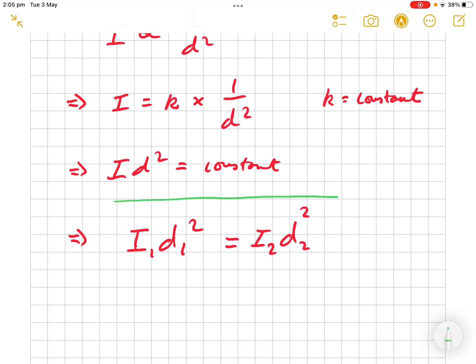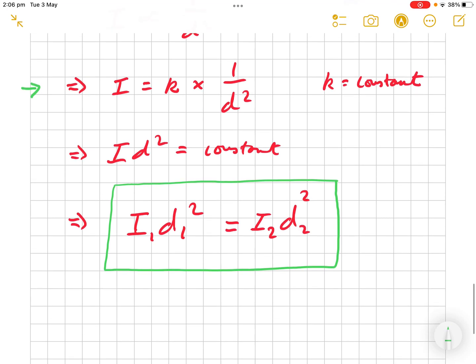So that's the equation we tend to use. This equation here is the one that you'll find on the equation list, but in solving problems, I would use the I1 d1 squared is equal to I2 d2 squared version. It's just an awful lot easier.